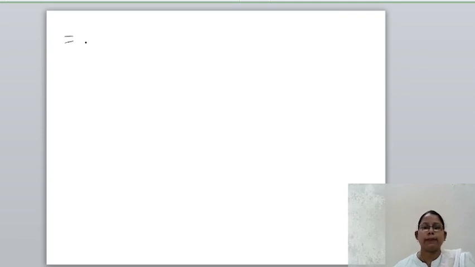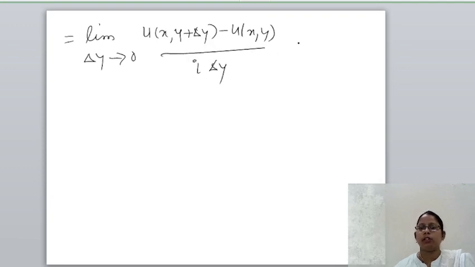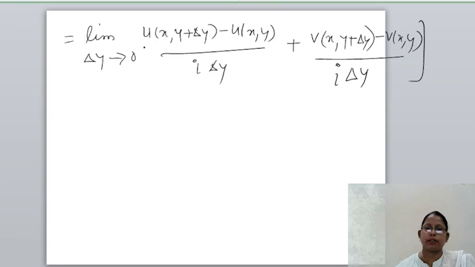We will get in the next step limit delta y tends to 0, then u(x, y plus delta y) minus u(x, y) divided by i delta y, then plus v(x, y plus delta y) minus v(x, y) divided by delta y, bracket close.